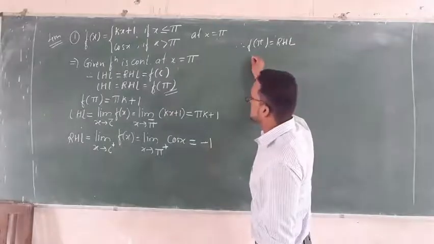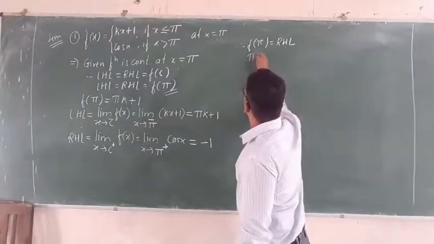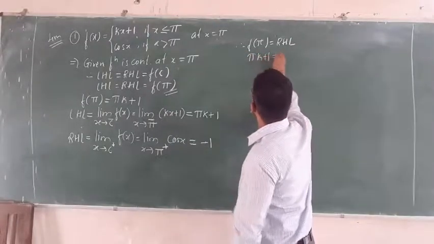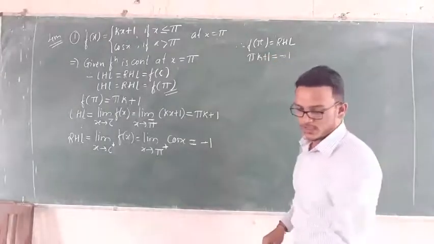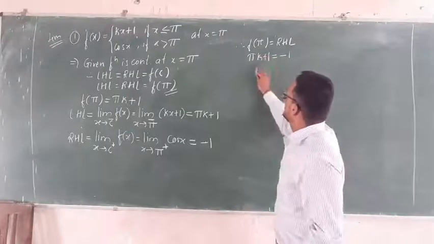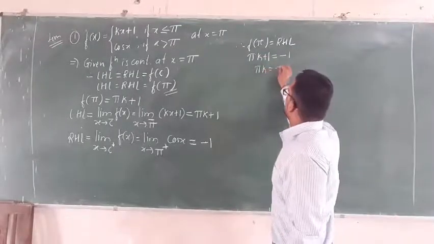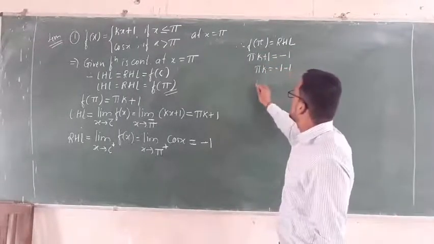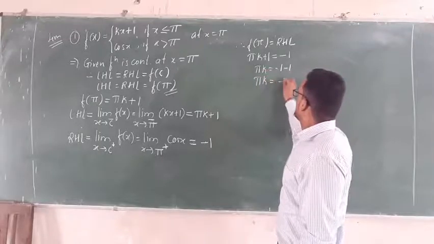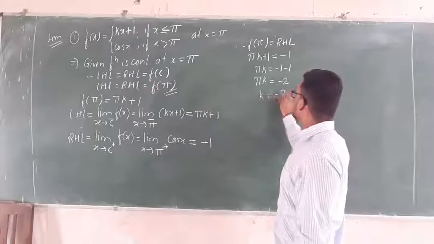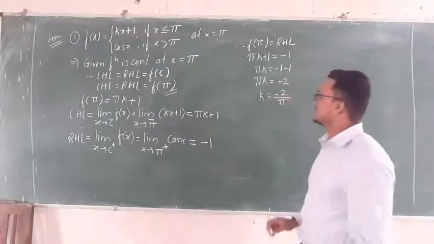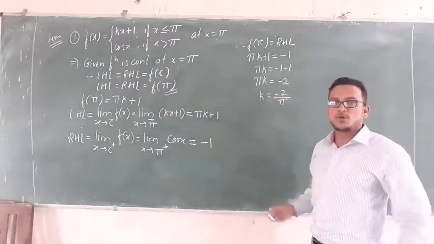So f of pi is equal to RHL. f of pi is pi k plus 1, which is equal to RHL, which is minus 1. Okay. Now simplify this for k. This is minus 1, minus 1. So pi k is equal to minus 2, or k is equal to minus 2 upon pi.